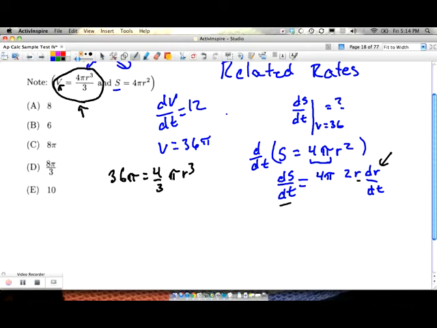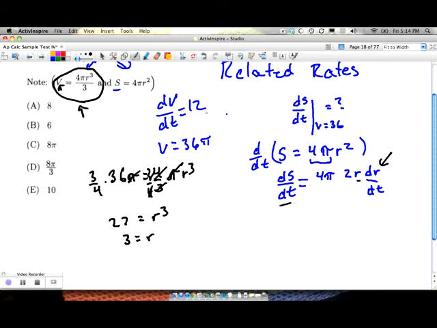We did this a few problems ago: we multiplied both sides by 3/4, and 3/4 of 36 was 27, which equals something cubed, and that was 3. So r equals 3. That's easy enough.